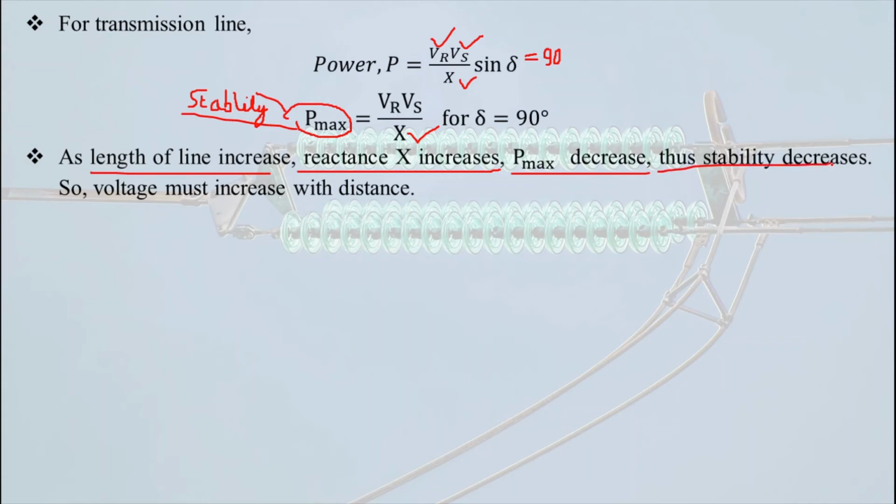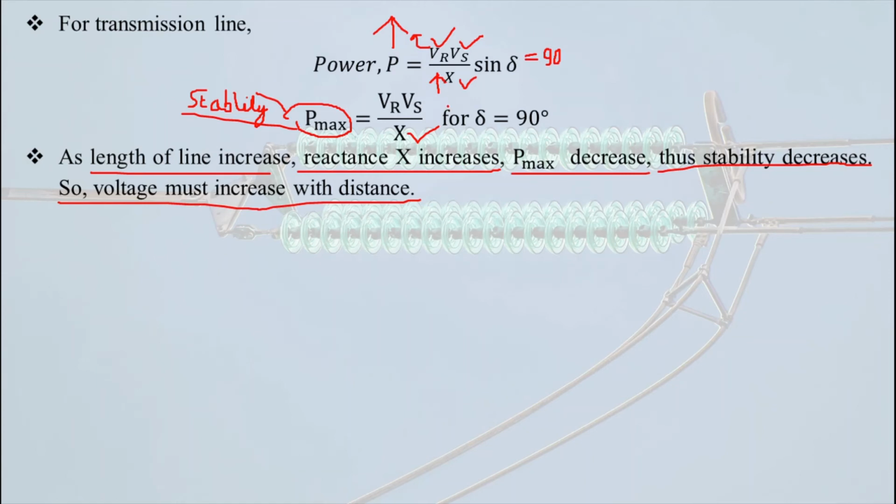So for long line, voltage must increase to compensate this decrease, because as distance increases, reactance increases, and to compensate this reactance and keep the Pmax constant, we have to simultaneously increase the voltage. That's why high voltage is used for long distance power transmission.